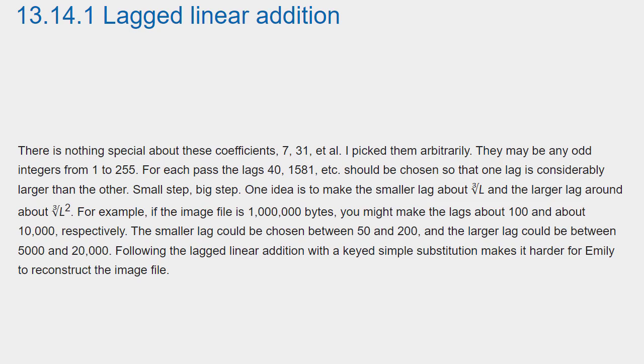For example, if the image file is 1 million bytes, you might make the lags about 100 and about 10,000 respectively. The smaller lag could be chosen between 50 and 200, and the larger lag could be between 5,000 and 20,000. Following the lagged linear addition with a keyed simple substitution makes it harder for Emily to reconstruct the image file.